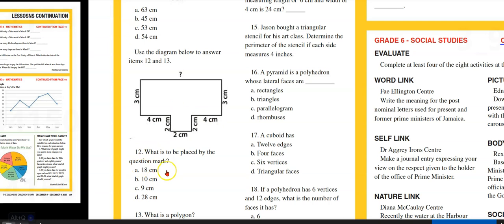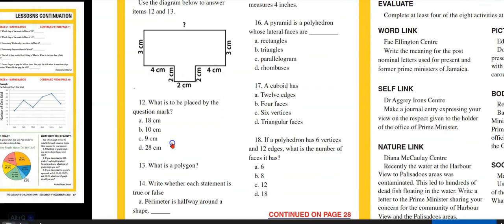Is it 18 centimeters, 10 centimeters, 9 centimeters, or 28 centimeters? We did some of this before. We know we're going to figure out what one side is in order to determine the length of the next. What is a polygon?